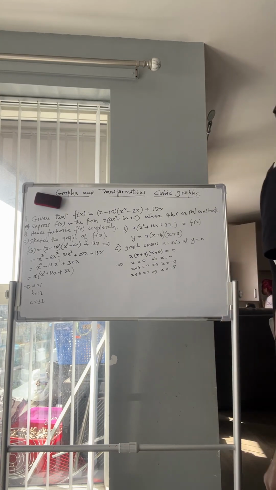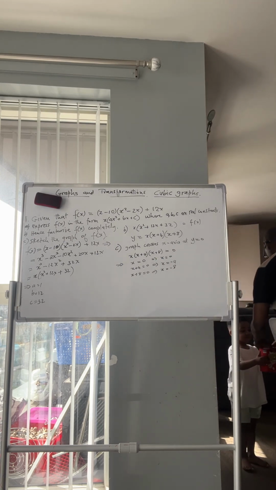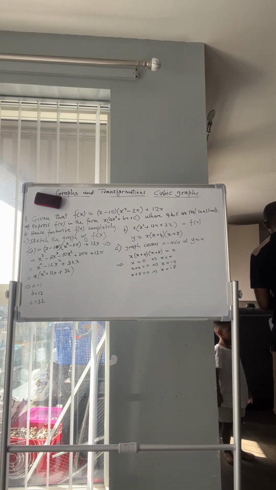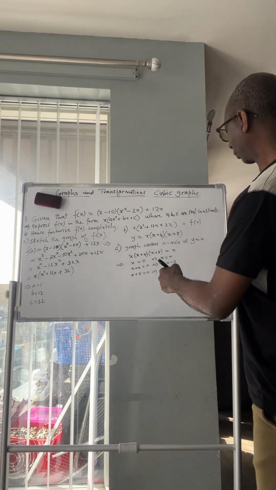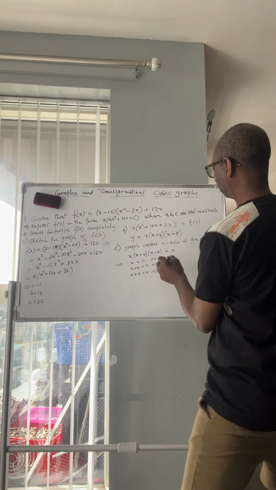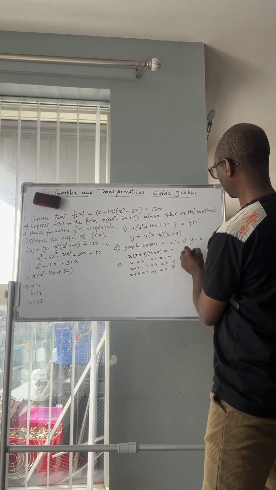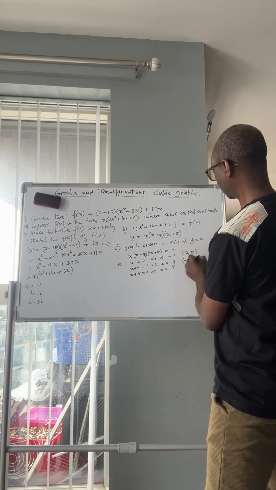So if you now want to write them in coordinate form, you will have 0, 0, minus 4, 0, minus 8, 0.